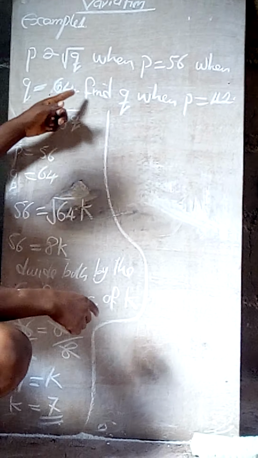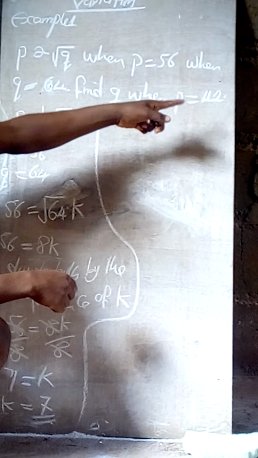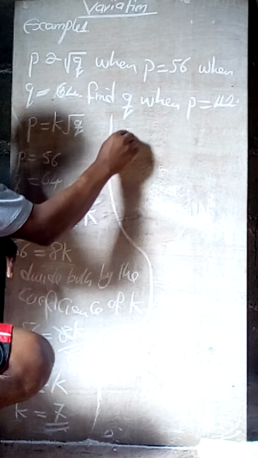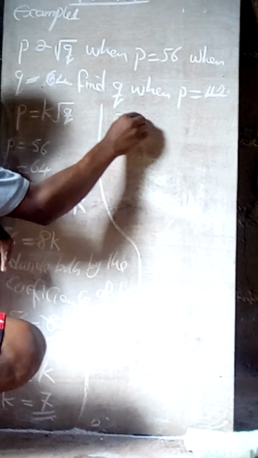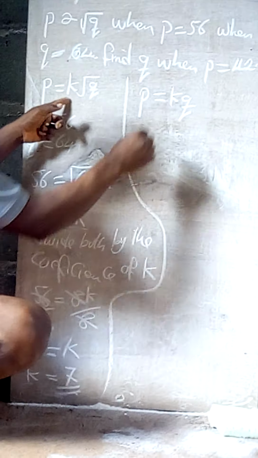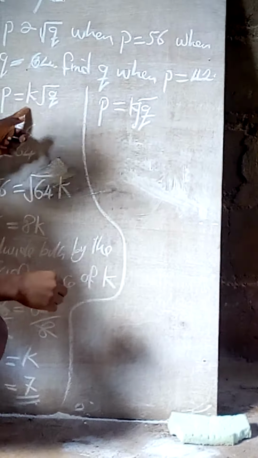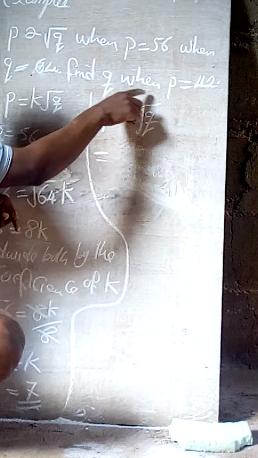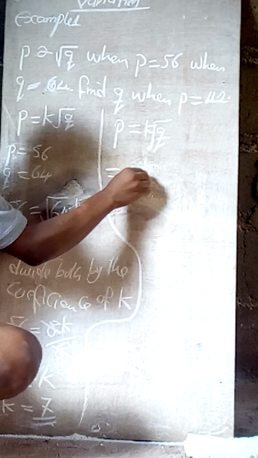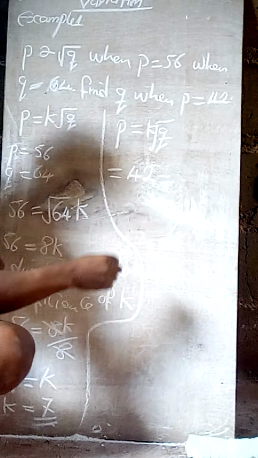Let's move down to where they say find Q when P is equal to 42. The first thing you do is bring down the formula, which is P equals K root Q. Was P given? Yes, P is 42. Was K given? 7.